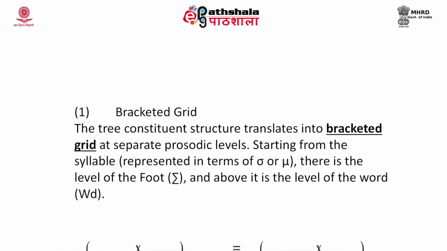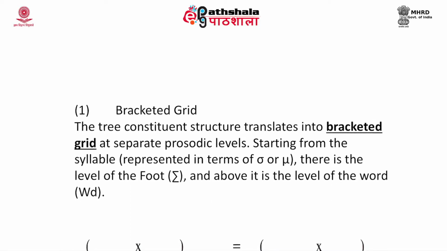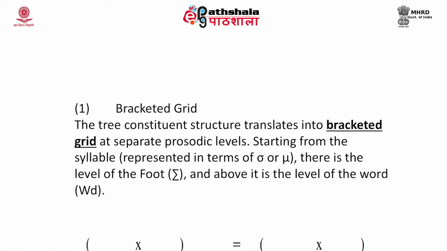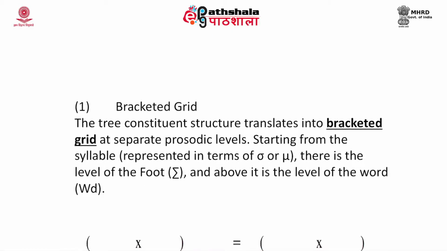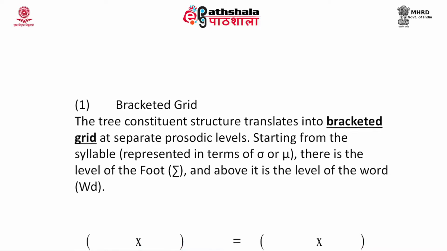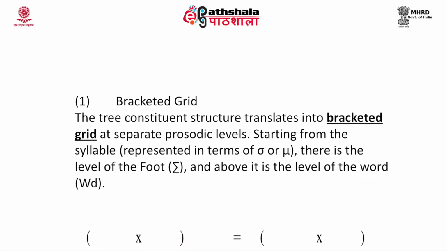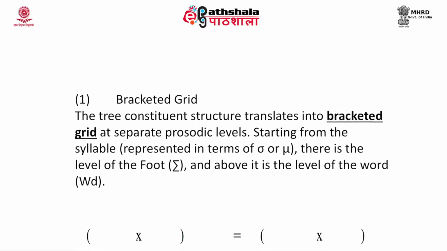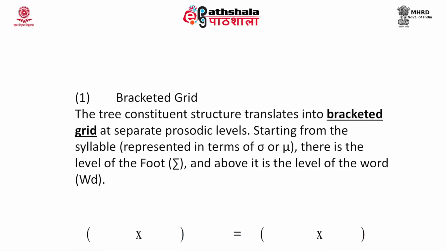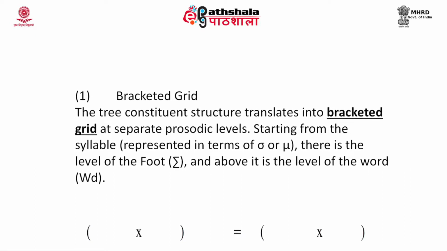And so what we notice is that we have the lowest level of syllable or mora. In the present module, we are using the syllable. The next higher level is that of the foot. So the foot is shown in brackets.